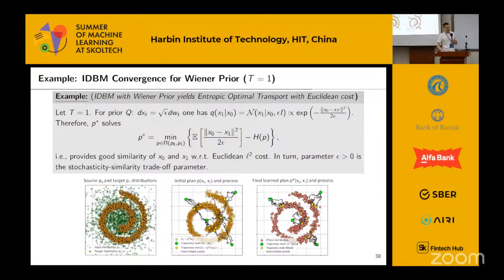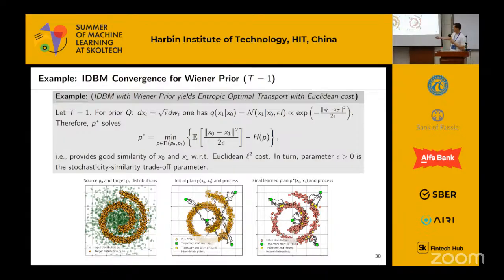I will not dwell on this too much, but the main idea, up to some details, is that this iterative procedure learns a particular transformation of one distribution to the other in which the similarity of the input point and the end point is maximal in a certain sense.